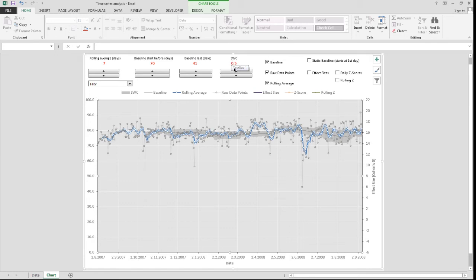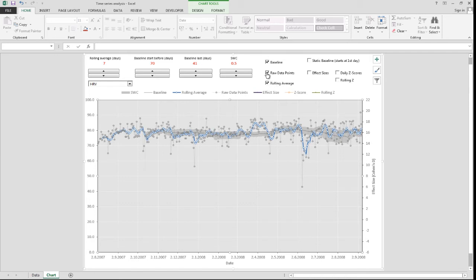Again, the smallest worthwhile change for an individual is related to his performance in the competition. So it's beyond me which one to use for day-to-day time series analysis. Again, baseline gives us some long-term context of how to evaluate the data points.